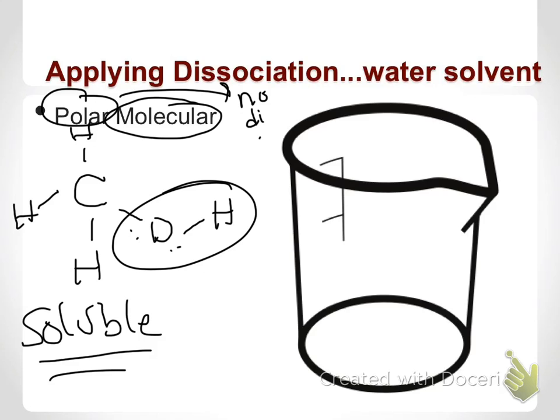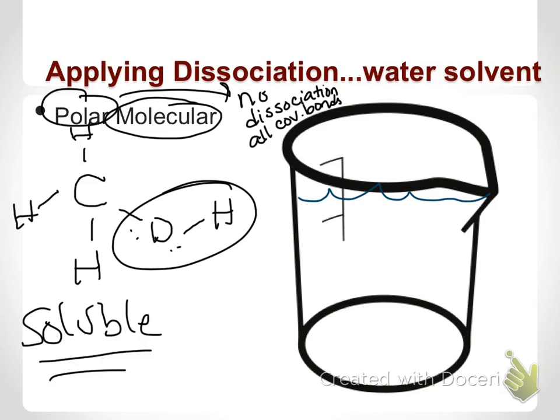So no dissociation, because you have all covalent bonds. So something with covalent bonds is not going to dissociate, just like those covalent bonds within the polyatomic ion. So something that is completely made up of covalent bonds is also not going to dissociate.